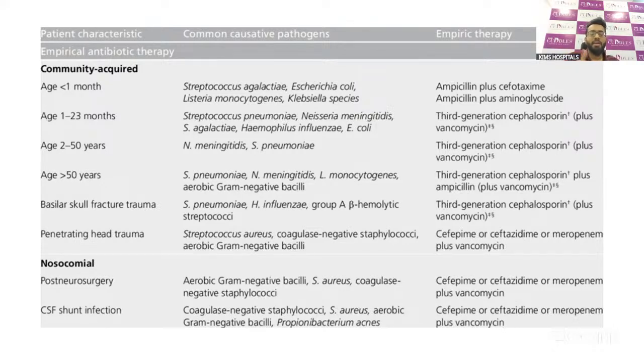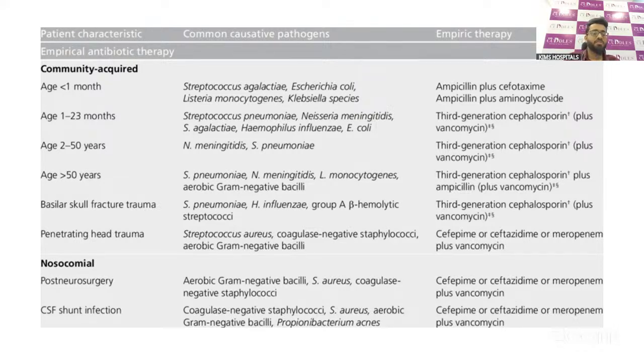And you have penetrating head trauma, especially in road traffic accidents. There's an open skull fracture, followed by that you have meningitis. Obviously, the contamination from the skin will go into the brain. So start thinking of coagulase negative staphylococcus and other anaerobic bacteria. Post neurosurgery, especially after VP shunt placement, start thinking of coagulase negative staphylococcus, that is Staphylococcus epidermidis and saprophyticus.